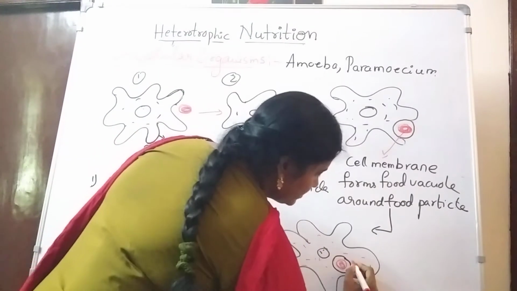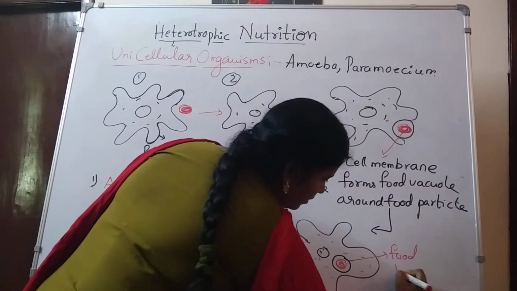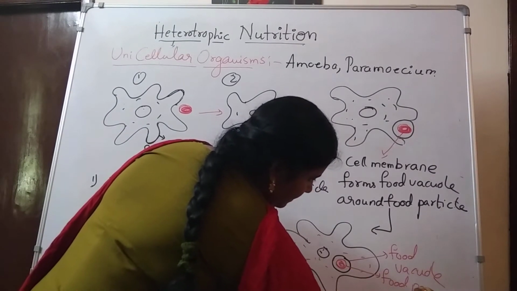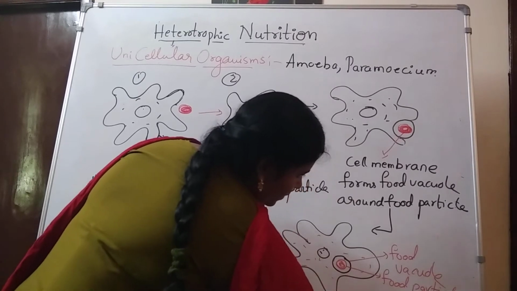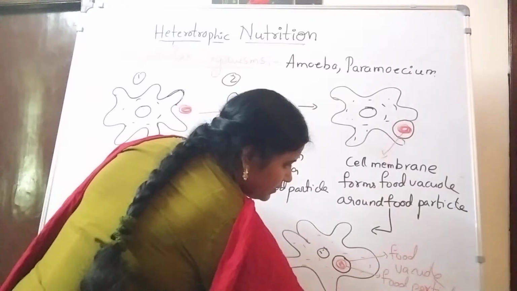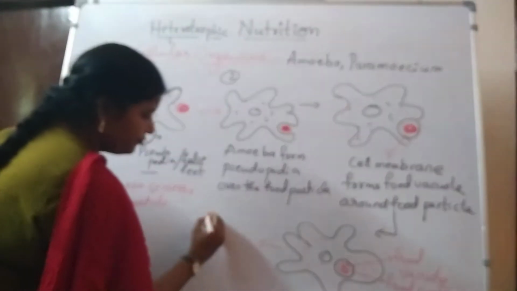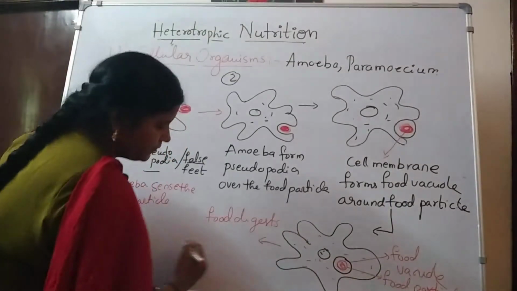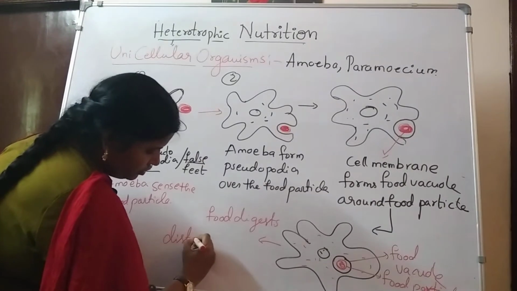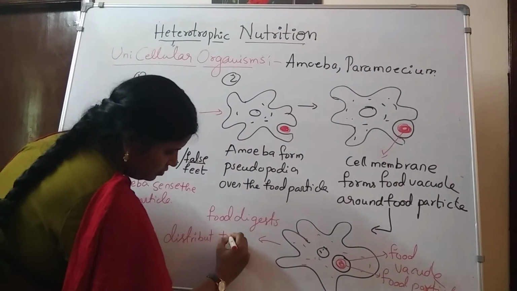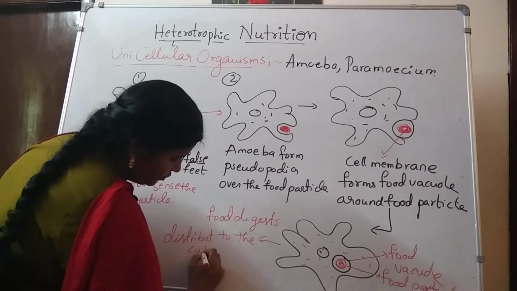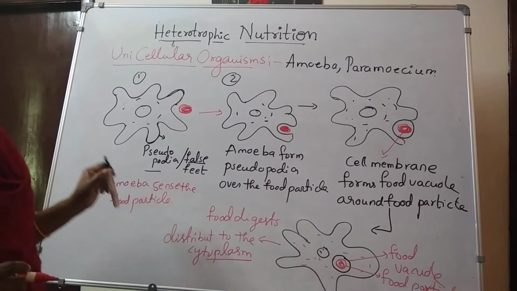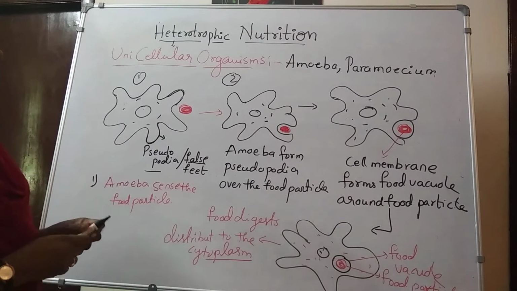The food particle is in the food vacuole, and this digested food is distributed to the cell cytoplasm, okay. This is the heterotrophic nutrition in amoeba.